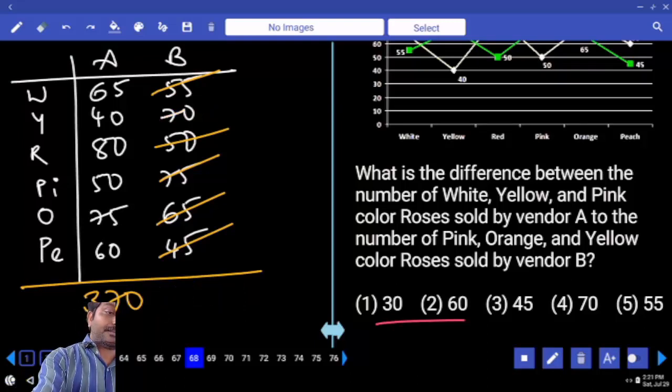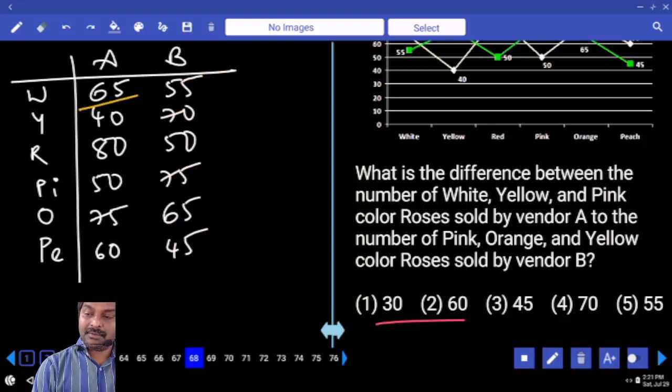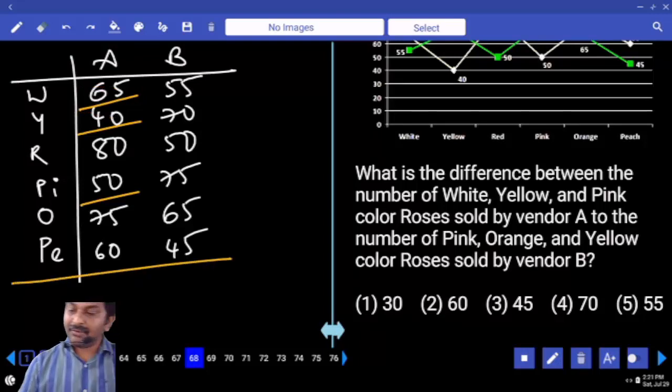What is the difference between number of white, yellow, pink roses sold by vendor A? Now, white, yellow, pink. Let's add all these values. 65 plus 40, 105 plus 50, 155.